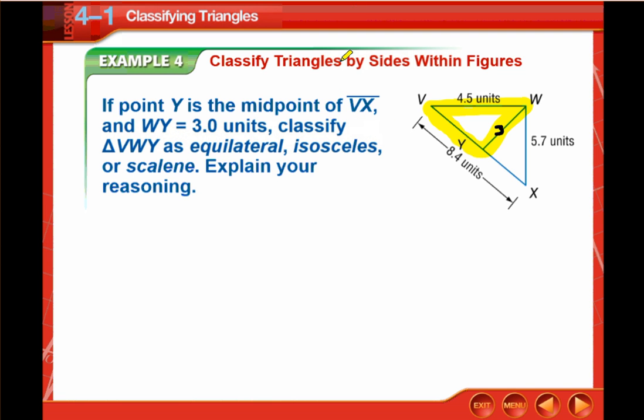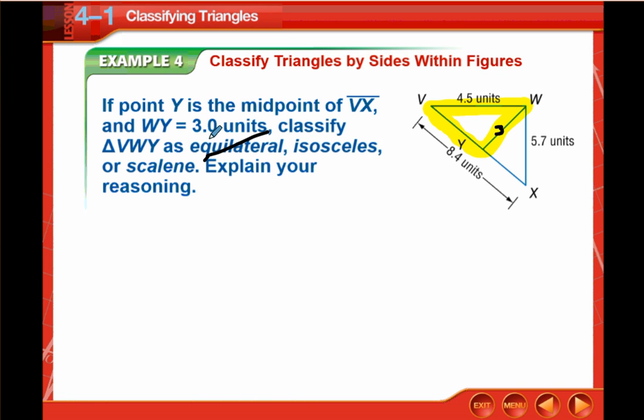Well, since WY we're told is 3, one side of this triangle is 3, and we can see on the diagram that VW is 4.5, it's clearly not going to be equilateral. We can cross that off, since all three sides would have to be congruent for that to happen. It's possible, but we haven't determined yet, maybe segment VW is either 4.5 or 3 units in length that can make it isosceles.